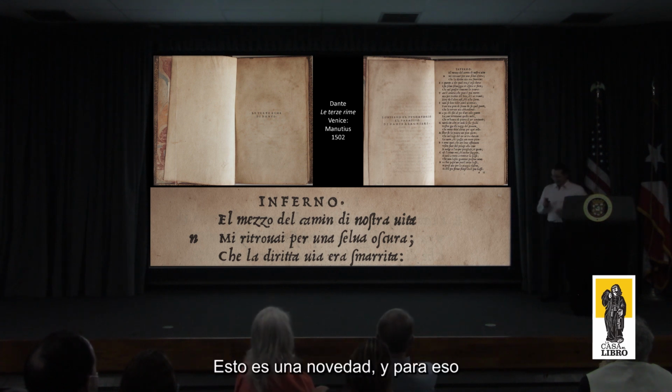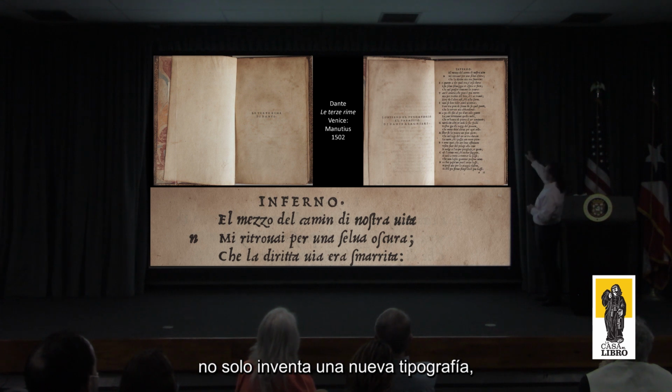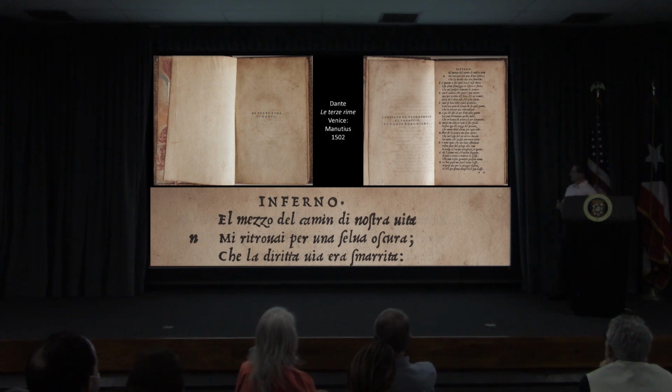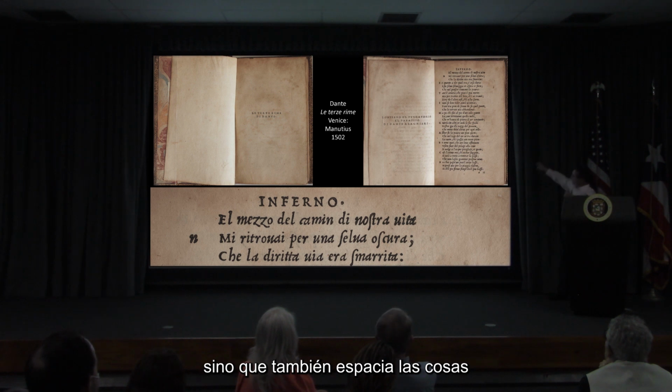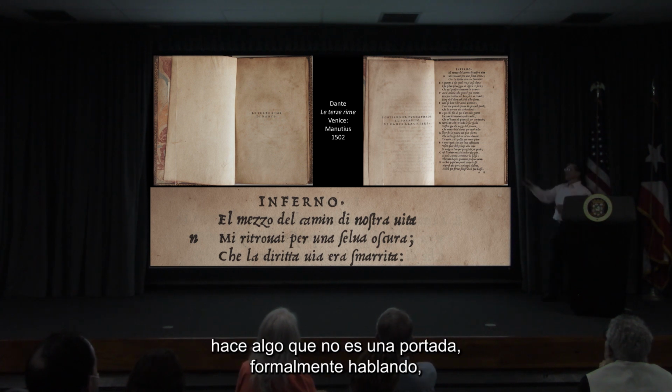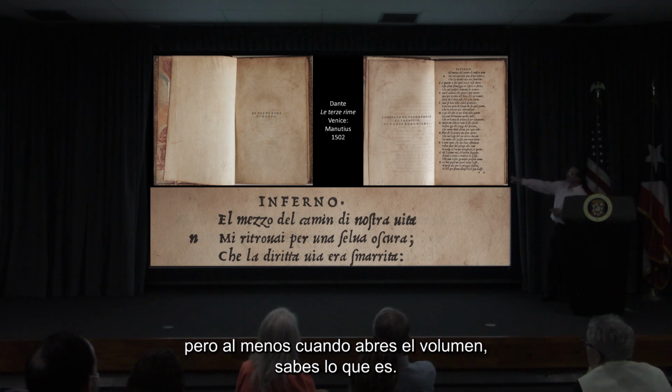And this is a novelty. And for that, he not only devises a new typeface, the italic type, small but very readable. He also spaces things in such a way that it is really easy to read. And of course, maybe following Ratdolt, he starts to have not quite a title page, but at least when you open a volume, you know what it is.